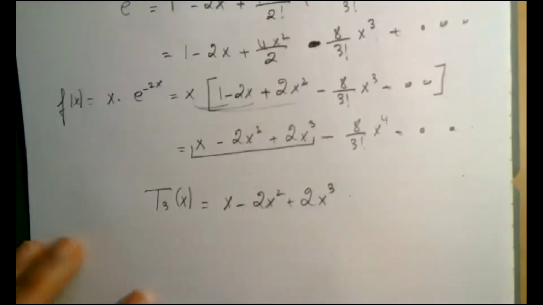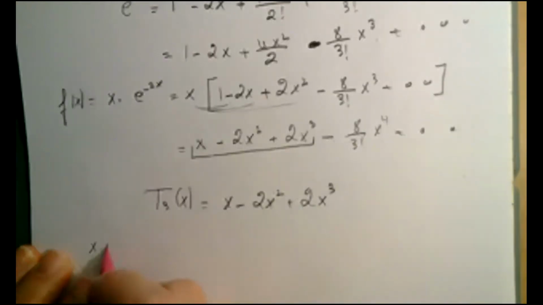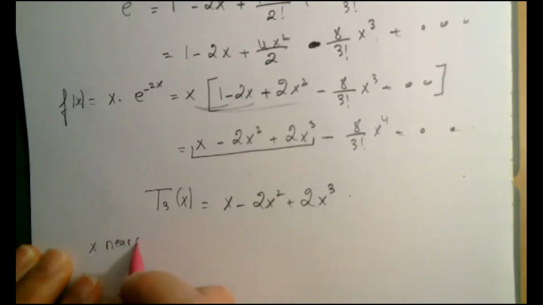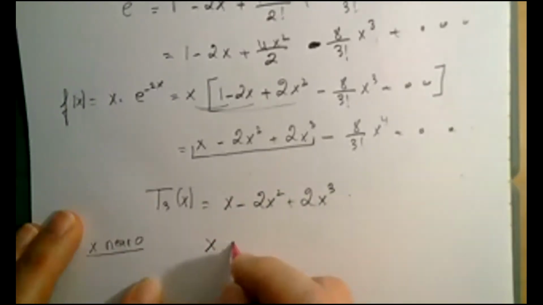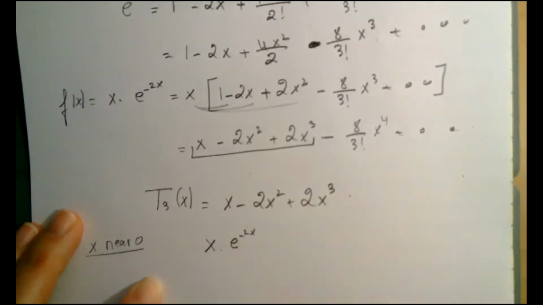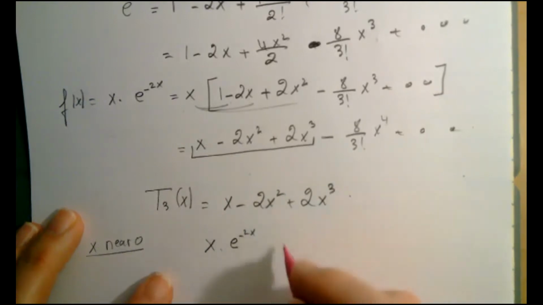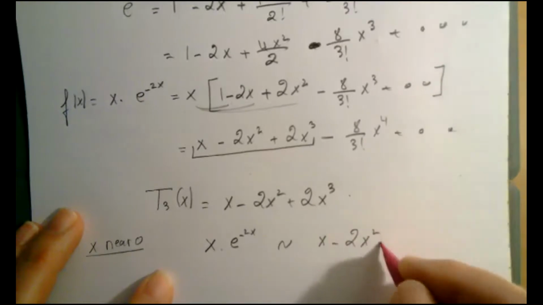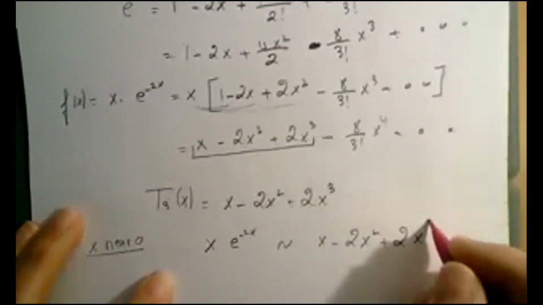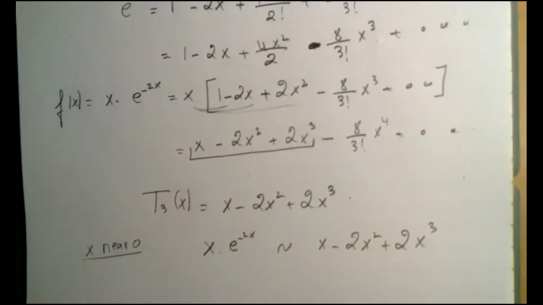So it tells me if I take a value of x near 0 for this particular problem, and I plug x in the original function, or I plug it in here, those values have to be very, very close to each other.